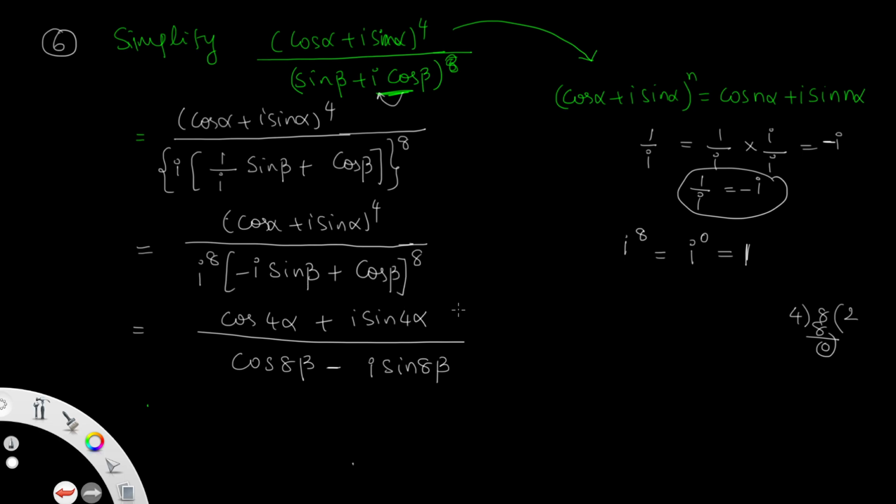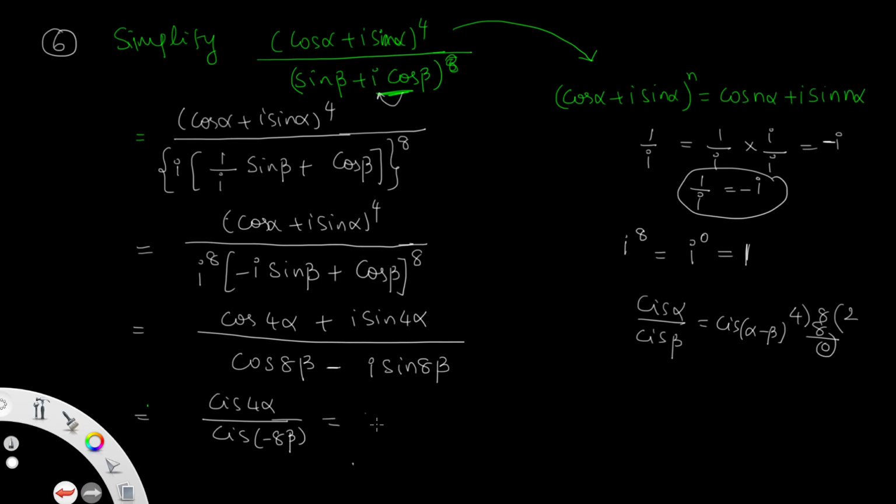The power goes inside with the argument, giving cos 8 beta minus i sin 8 beta. In short form that is cis 4 alpha divided by cis of minus 8 beta. Now it is in the form cis alpha by cis beta, and the formula gives cis of alpha minus beta.